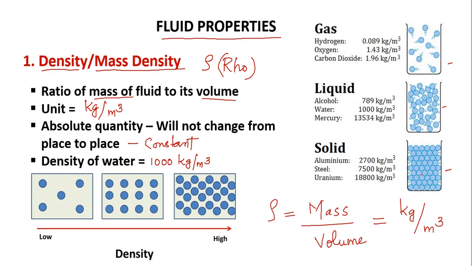The molecules are closely spaced. And the force of attraction is less in case of liquids and even less in case of gases. So in case of solids, the density will be very high because we can occupy more quantity in the same volume. So when the quantity of matter present in the volume is more, the density will be high.